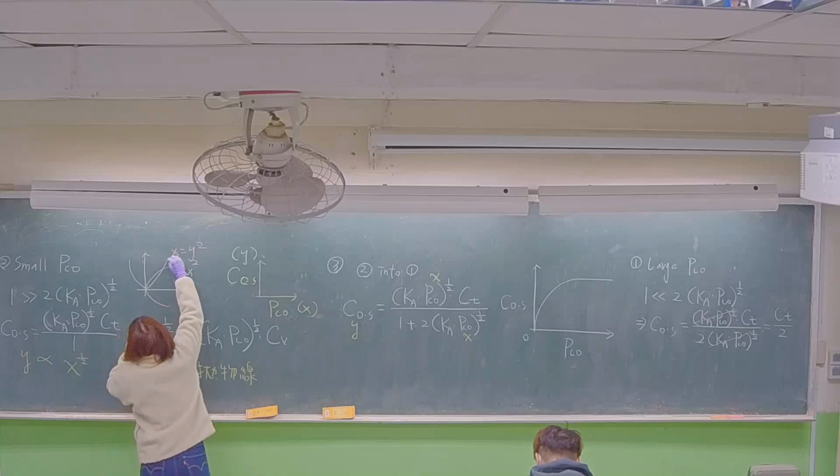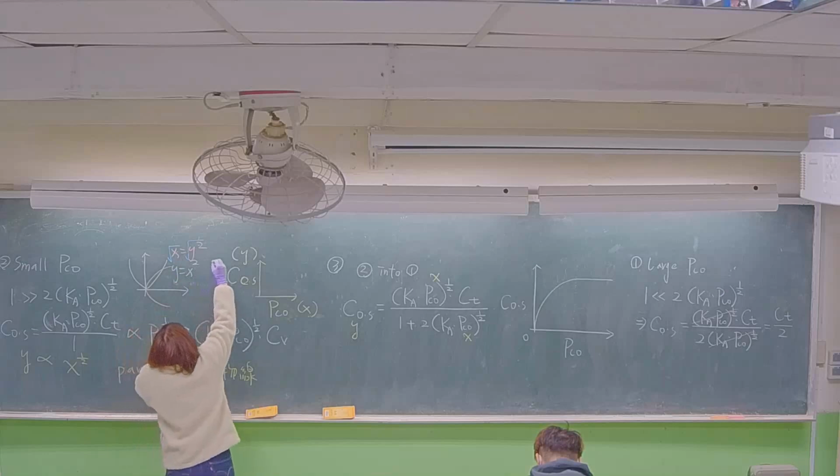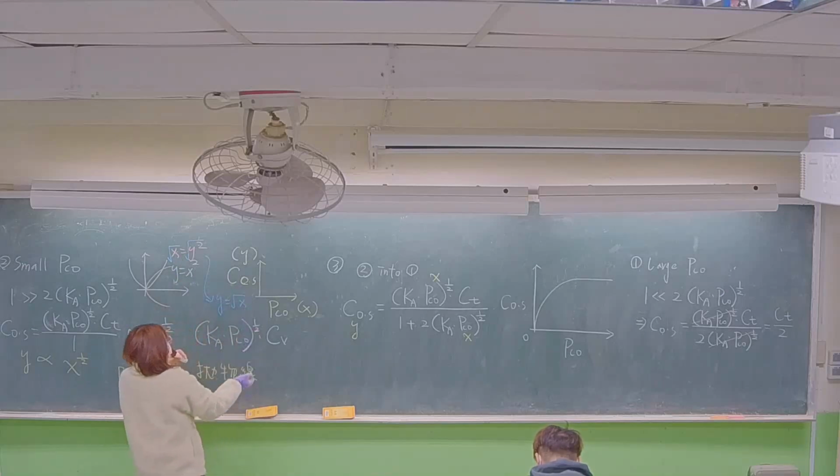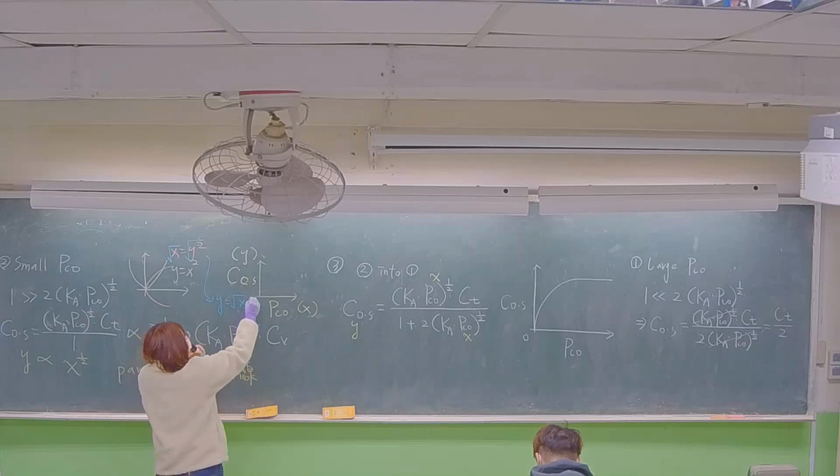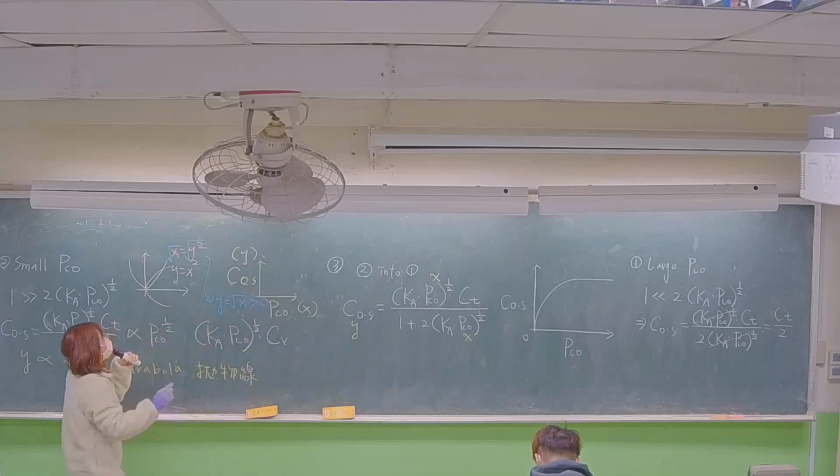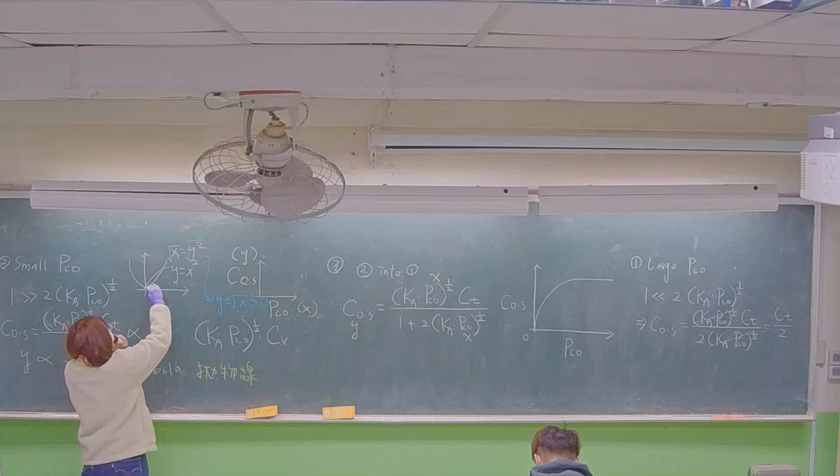If you have a square, this is that one, right? And the square root of x is larger than 0, then you got this one.